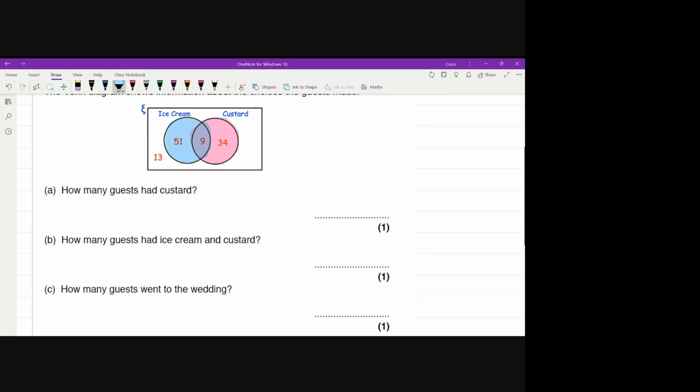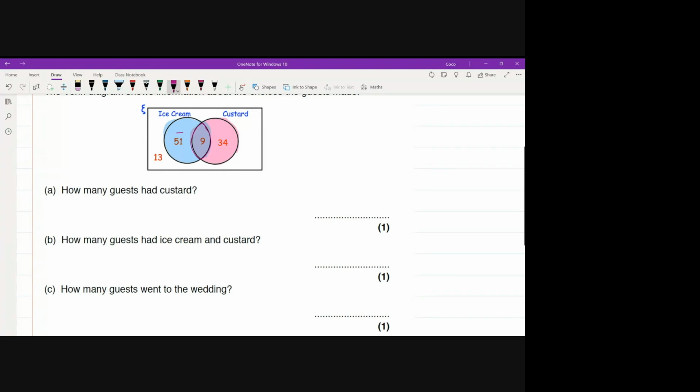All right. So if I ask you, how many people had both ice cream and custard? How many people had ice cream and custard? 9. 9, right? We can see it in the middle. 9 people had ice cream and custard. What does this tell us?